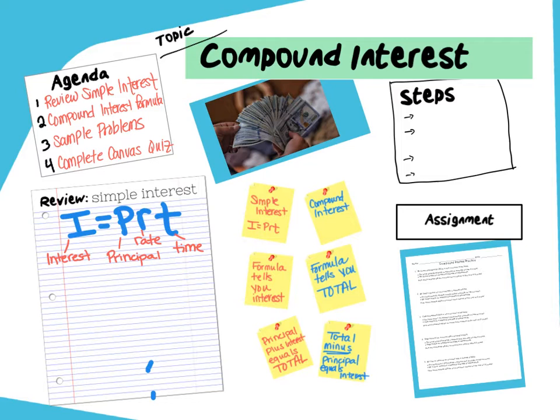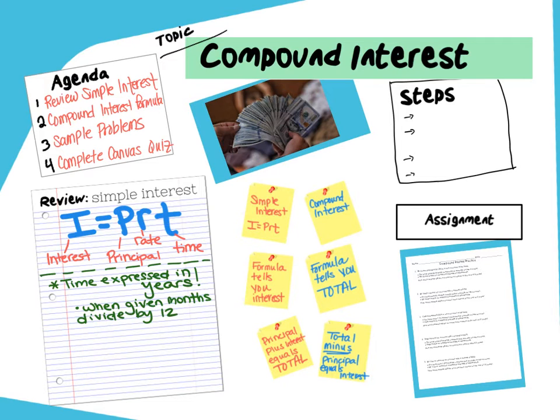When we studied this in the previous video, we saw that I stood for interest, P stood for principal, R stood for rate, and remember that with our rate, we had to do that conversion where we changed our percent back to a decimal, and T was the amount of time that the loan was given, or the amount of time that passed, and you had to make sure that it was in years.